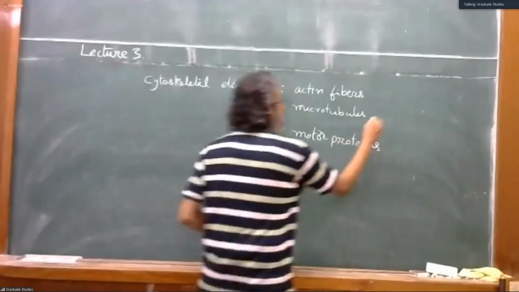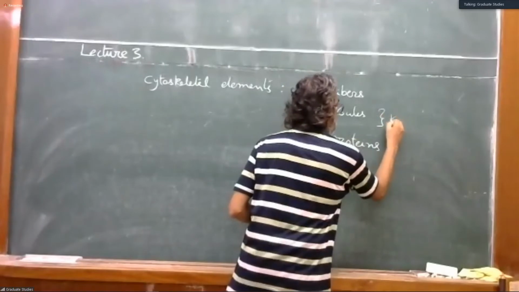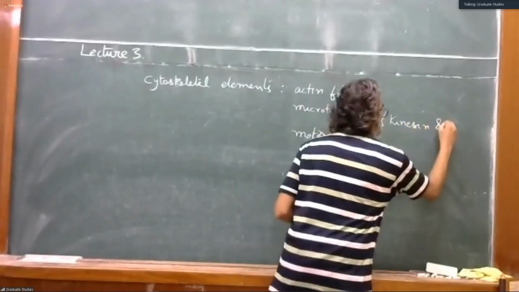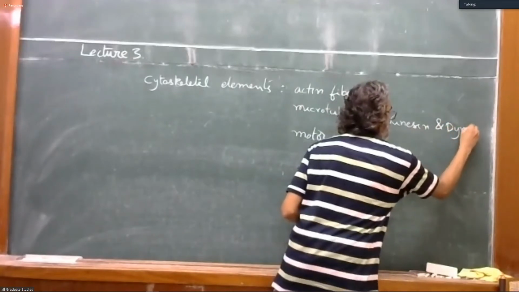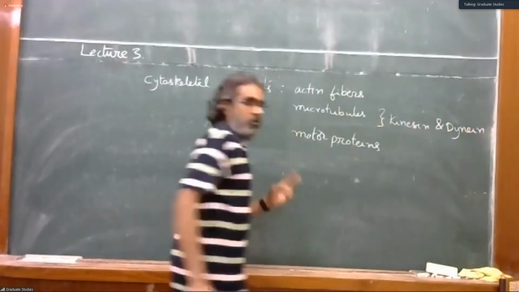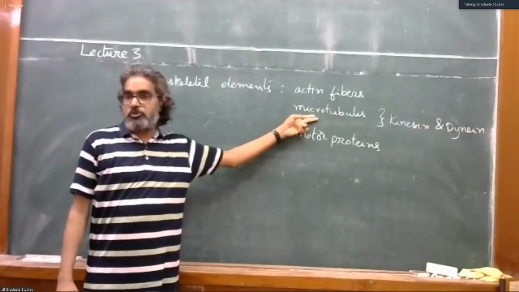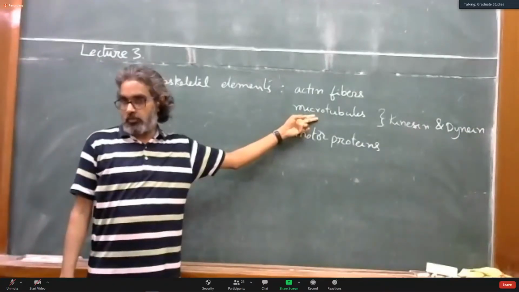Actually, both kinesin and dynein are two different motor proteins which use microtubules to convey cargo.